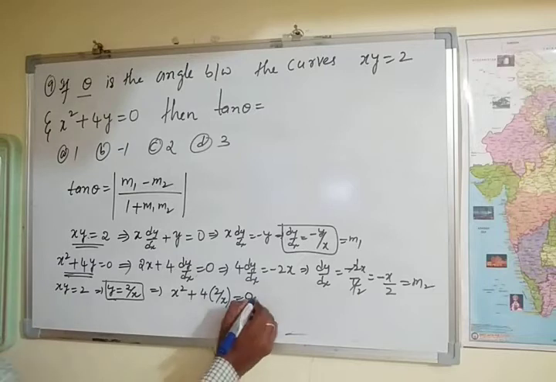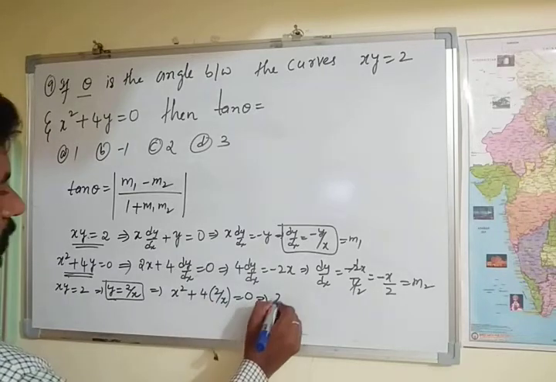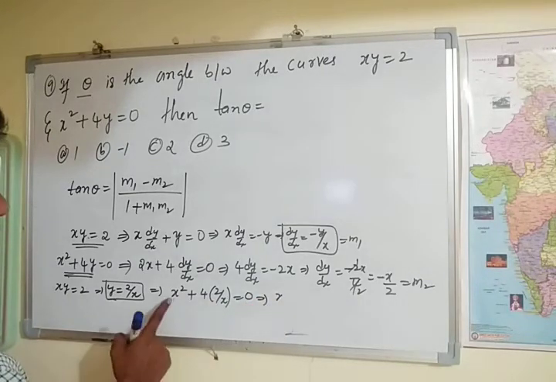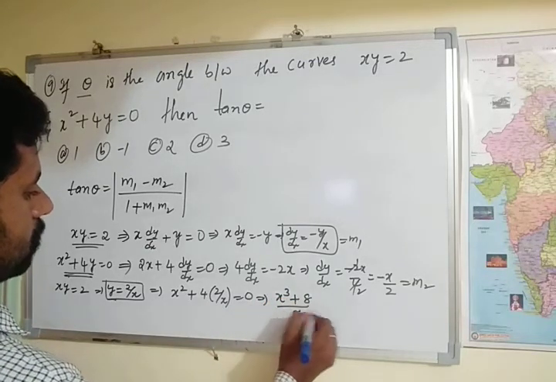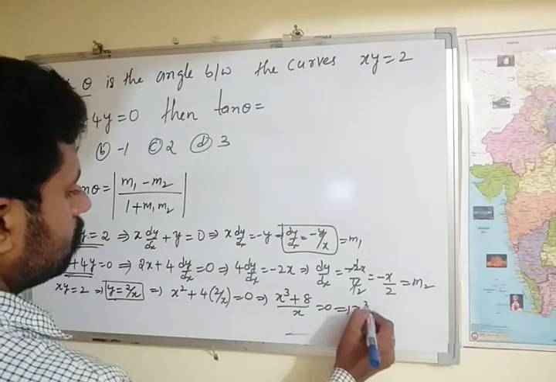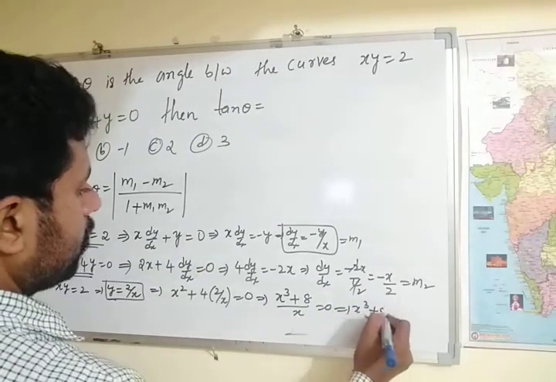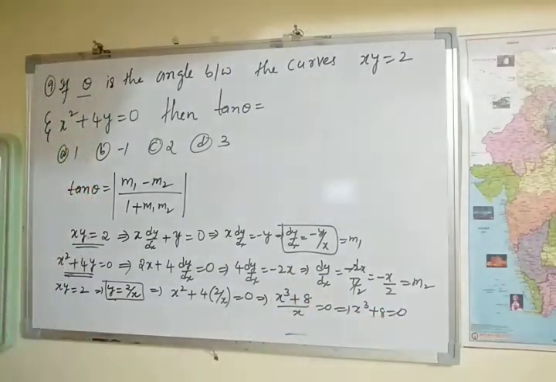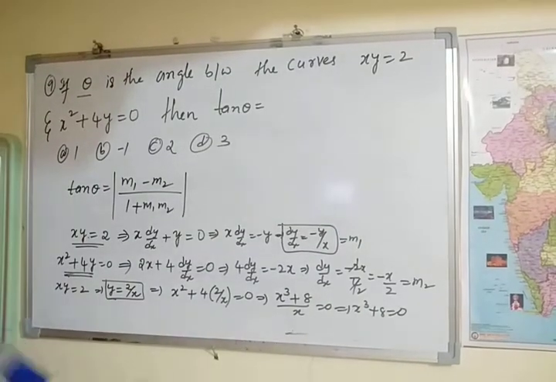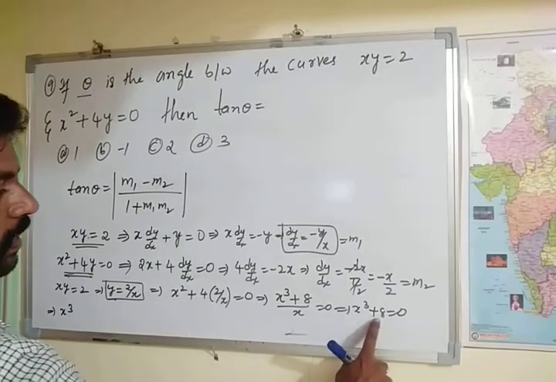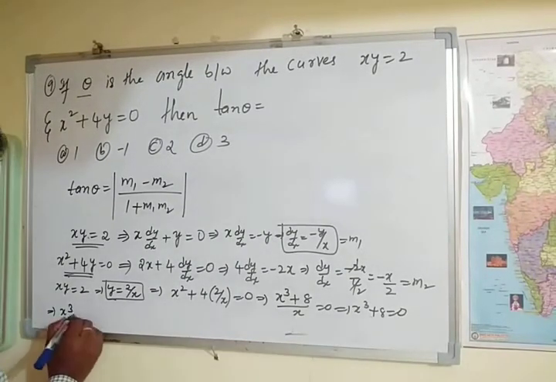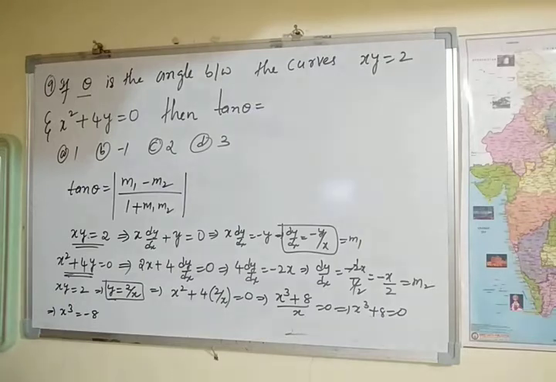Next step, take LCM: x square times x gives x cube plus 8 by x is equal to 0. This implies x cube plus 8 is equal to 0. Take this term to the right hand side, we get minus 8. Then take the cube root on both sides, we get x is equal to minus 2.